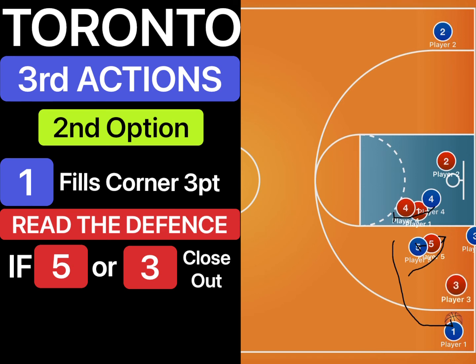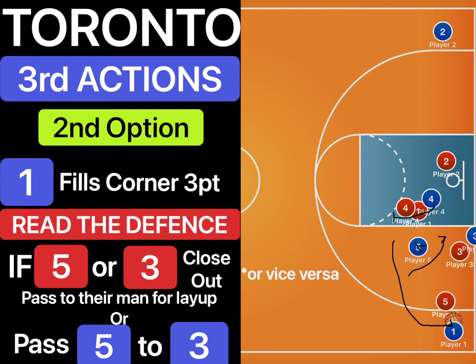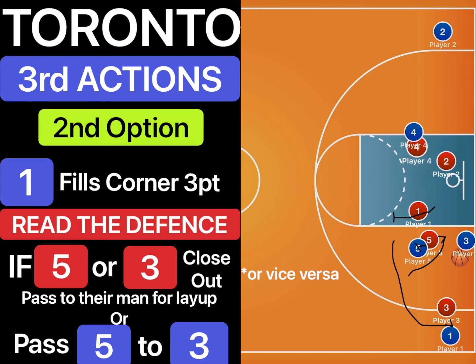So whether it's the three or the five that contests, let's say it's the five. If five contests, then one can dump the ball to five. Boom. And five should have a decent layup right here, or a shot. And the same thing goes right here: if three contests, then three can step in and receive the ball right here. By then four will have filled out and four's check will be on here.